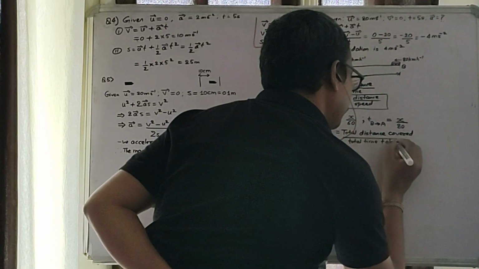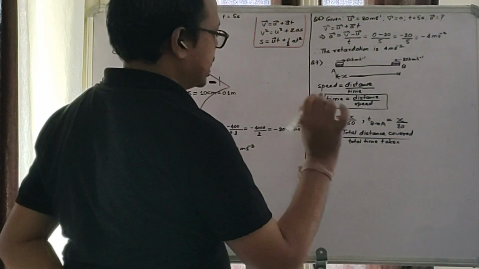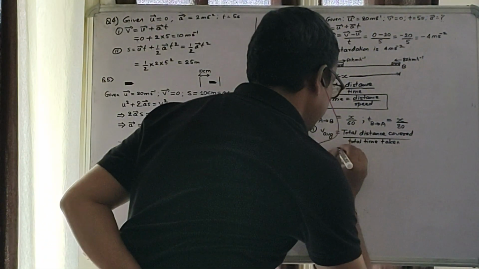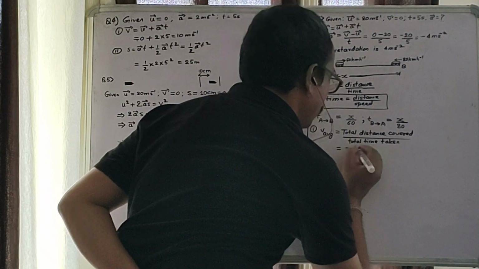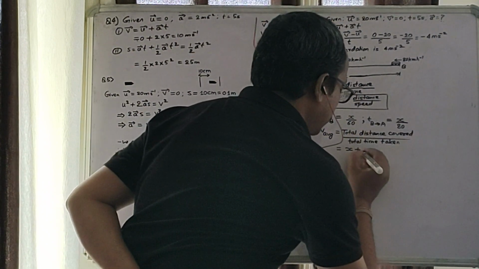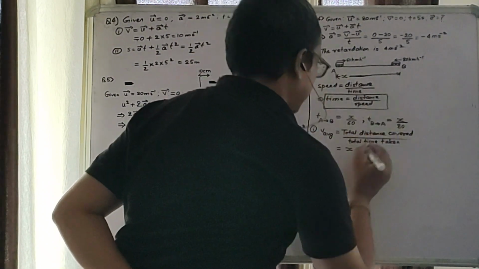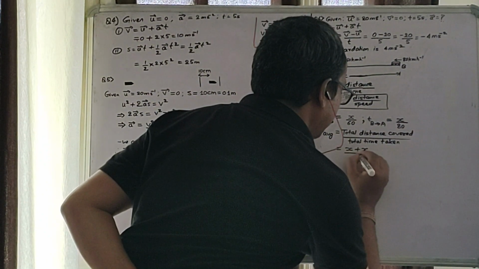What is the total distance covered? Total distance covered is x for the onward journey and x for the return journey. What is the total time taken?